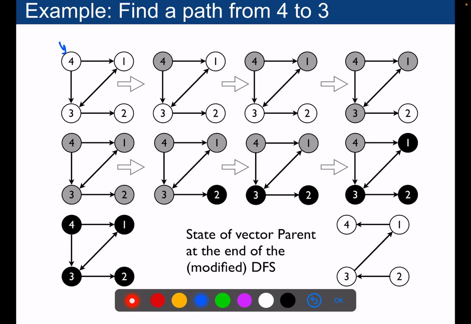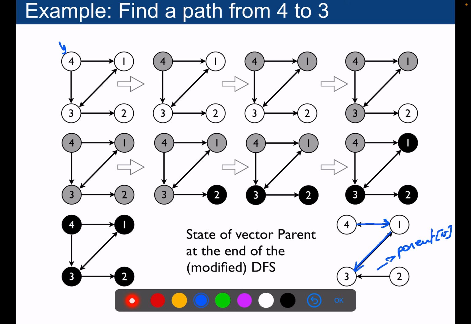Your forest is this one, and the links you see here are exactly the parent data structure that you have at the end of the execution of depth first search, and you can retrieve the path like this. You would start from 3, and the path that you will find, if you put it in the correct direction, is that one.